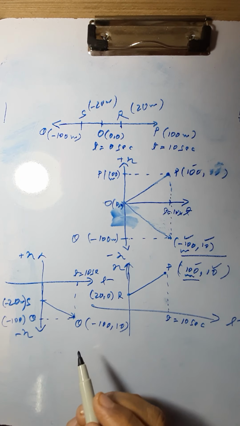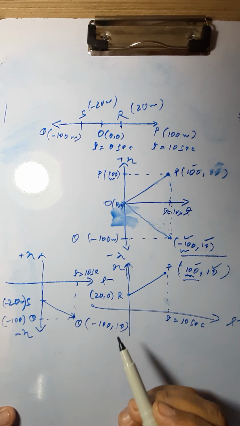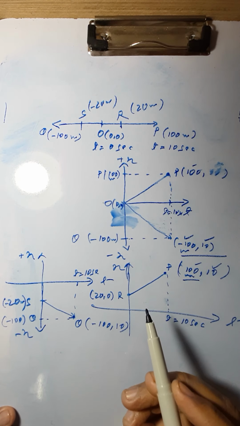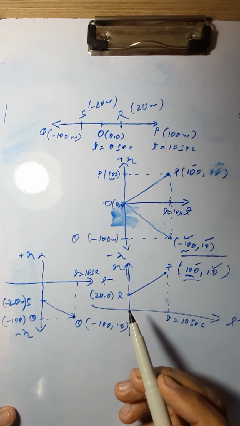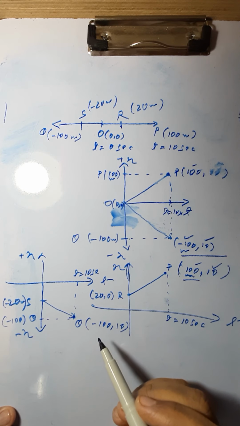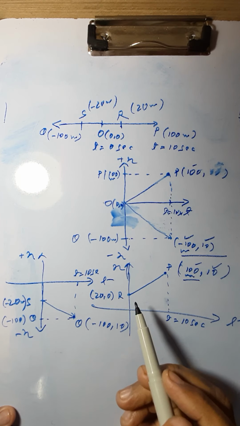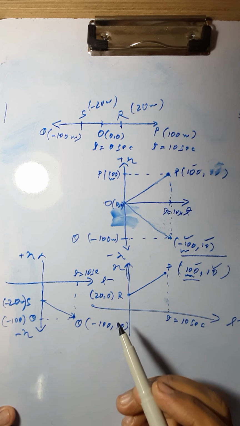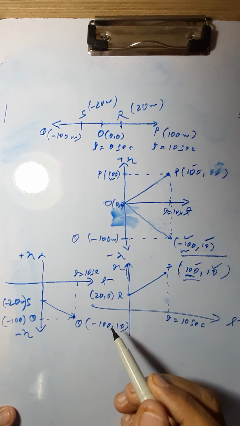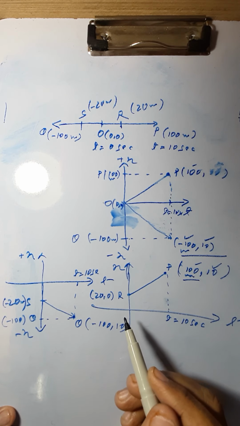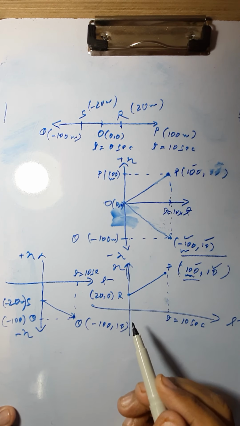So you have seen that whenever a particle moves with a uniform velocity, its displacement time graph is a straight line, whose initial coordinates will depend on its initial position.